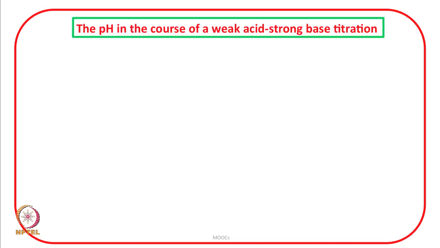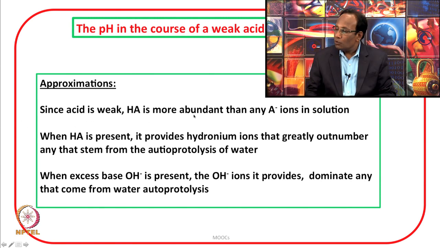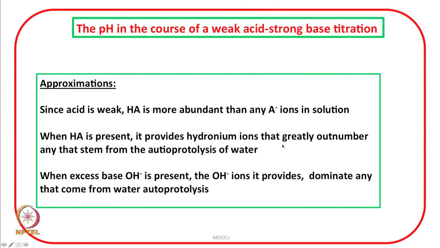And what are those approximations? Since the acid is weak, HA is more abundant than A minus ions in solution. A weak acid is very weakly dissociated, therefore the amount of A minus ions will be very small compared to HA. And when HA is present, it provides hydronium ions that greatly outnumber any that stem from autoprotolysis of water.